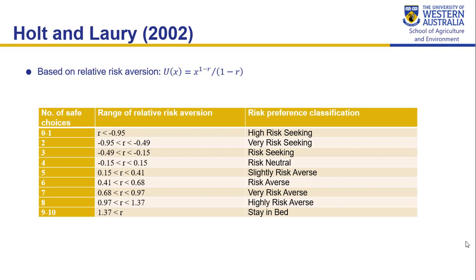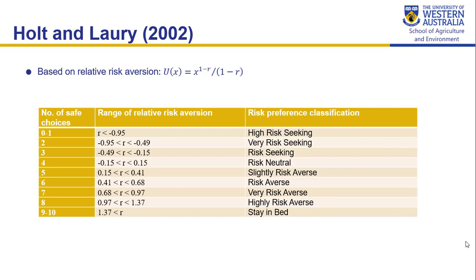Whereas someone who has selected, for example, four safe choices, which is option A, has a range of relative risk aversion between minus 0.15 to 0.15, and they would be classified as risk neutral. If someone has selected 8 safe choices, their relative risk aversion will be between 0.97 to 1.37, and they would be highly risk averse.